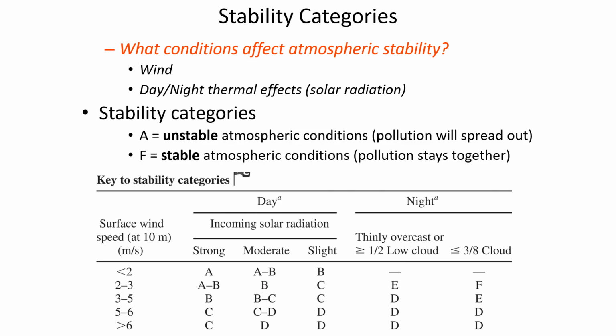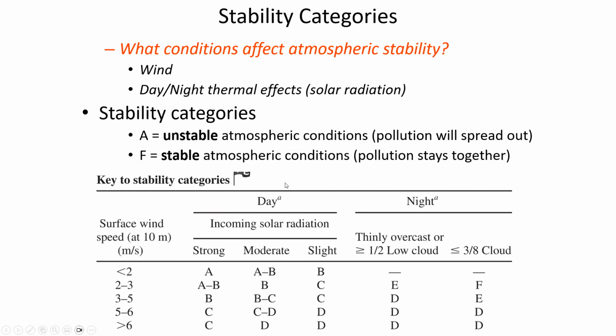What the Gaussian dispersion model generally does to understand the effects of atmospheric stability is to try and classify conditions on a letter basis, where A is associated with unstable conditions, meaning the pollution will spread out more if we've got stability class A, and stability class F, stable conditions, means that generally speaking the pollution is going to stay together more.